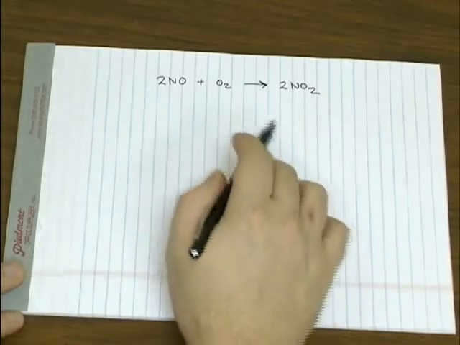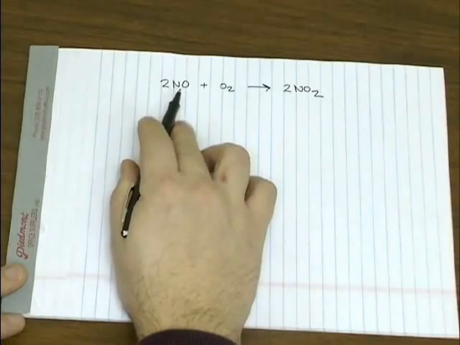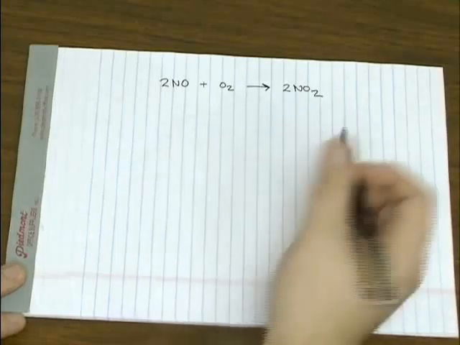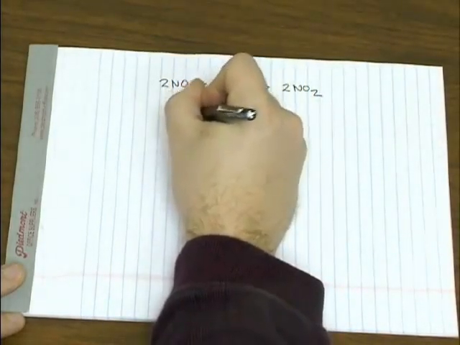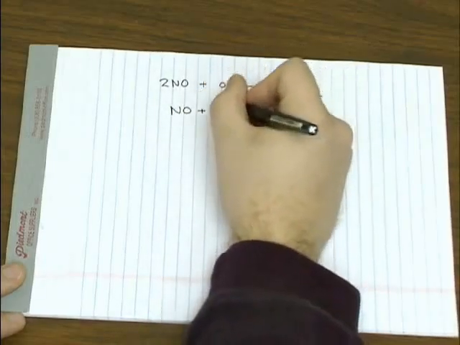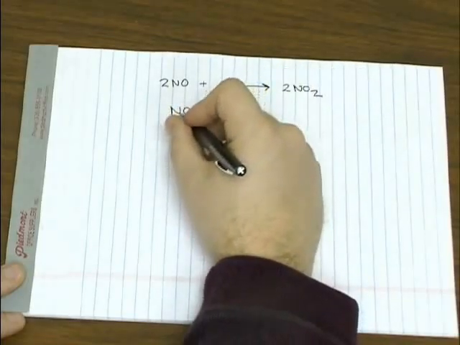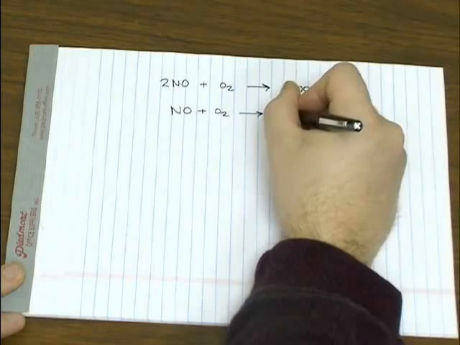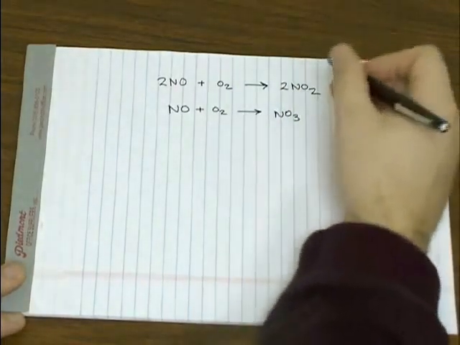For example, with nitrogen monoxide and oxygen coming together to form NO2. One possible thing that can occur here is that one nitrogen monoxide and one oxygen can come together to form NO3.